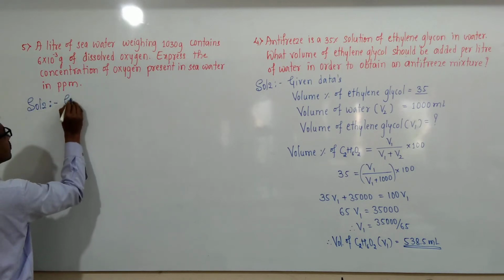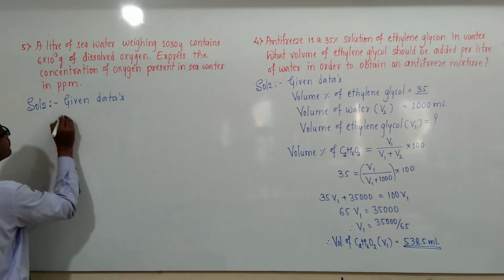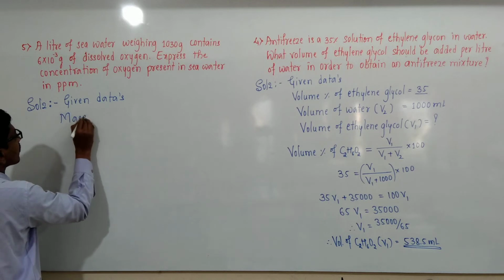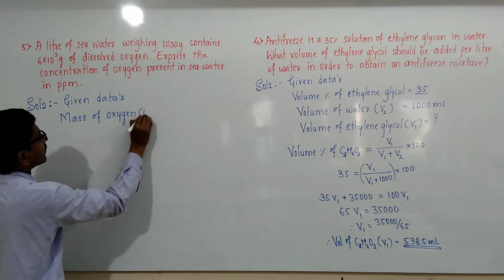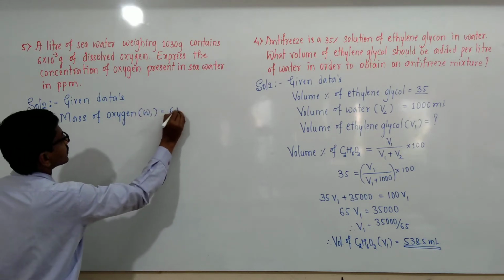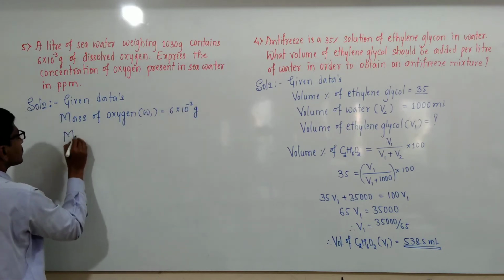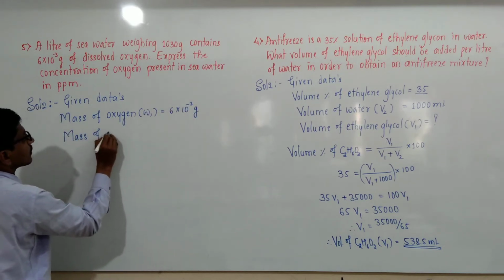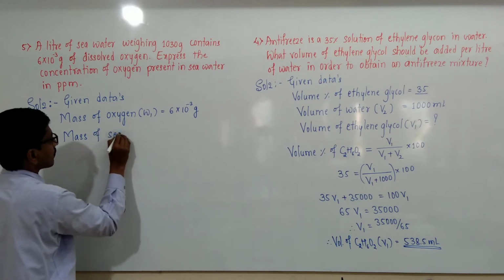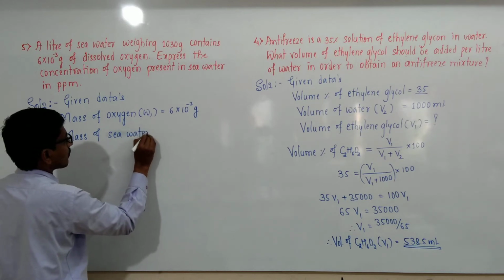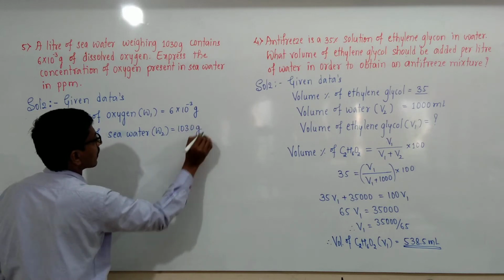Solution. Given data: mass of oxygen, that is W1, is equal to 6 into 10 raised to minus 3 gram, and mass of sea water, that is W2, is equal to 1030 gram.